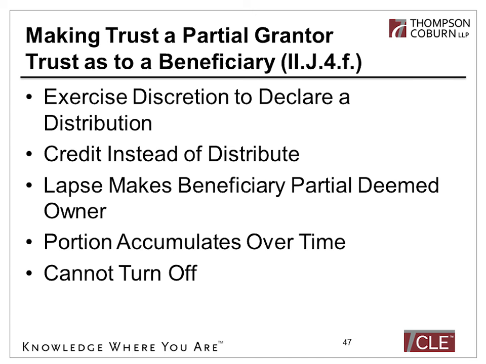And when this withdrawal right lapses under Code Section 678, it makes the beneficiary a grantor as to the trust, and that portion to which the beneficiary is treated as the grantor increases over time. So you never get to 100%, but over time the percentage increases.